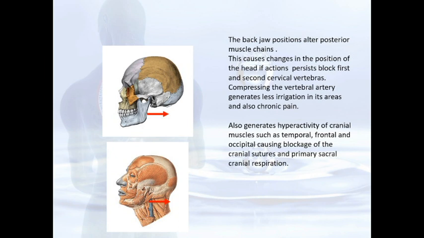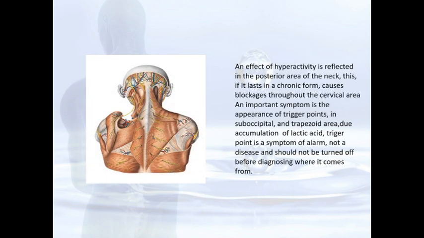They also generate hyperactivity of cranial muscles such as temporal, frontal and occipital, causing blocks on the cranial sutures and the primary cranial sacrocranial respiration. All these situations that bruxism creates, we have to take care of, because we cannot do a good rehabilitation if we don't take care of them.